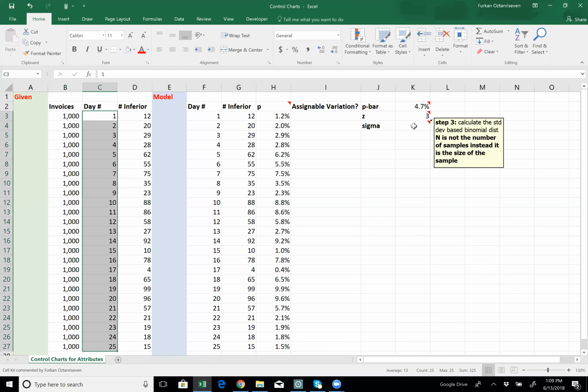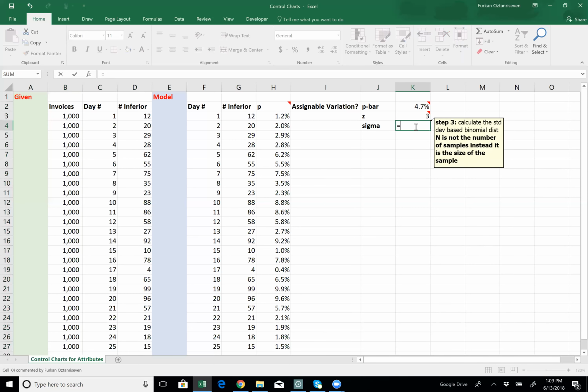Okay. So now we can calculate the sigma value or standard deviation value based on the binomial distribution, and that is a square root. You don't have to memorize. You can always Google it. Binomial distribution standard deviation: square root of probability of success times probability of failure.